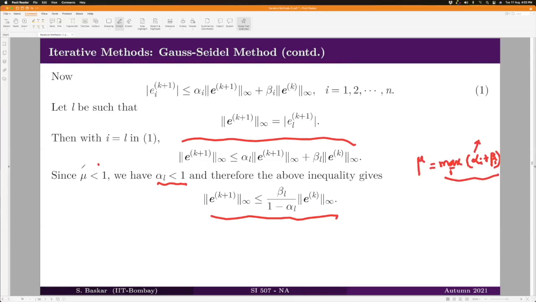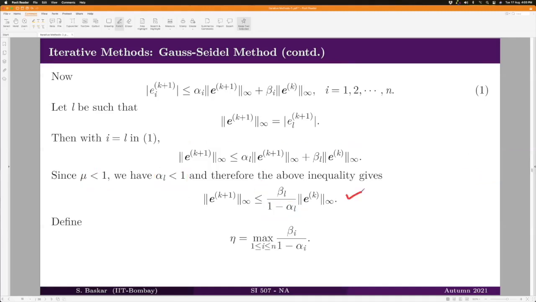That itself is less than 1. Therefore, each alpha i will be less than 1. In particular, alpha L will also be less than 1. Therefore, this quantity is positive. So I can happily bring that quantity from the left hand side to right hand side without spoiling the inequality. That is the purpose. So we got this inequality.